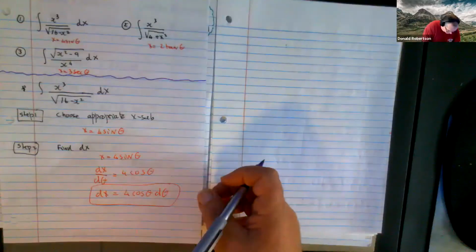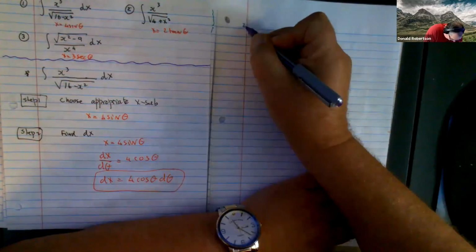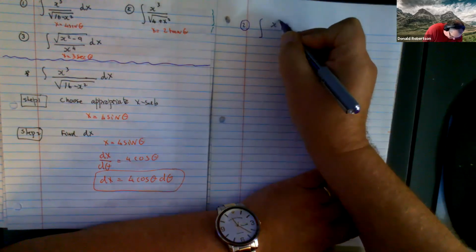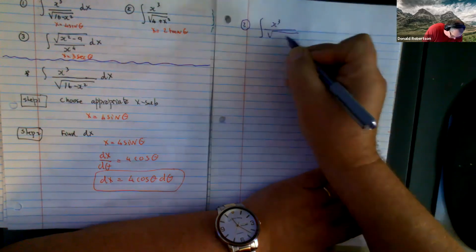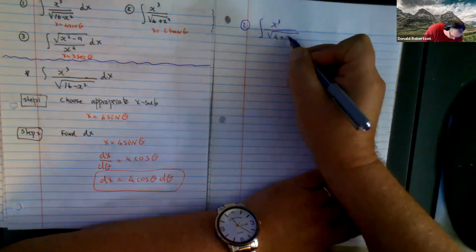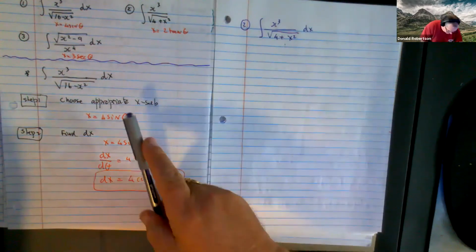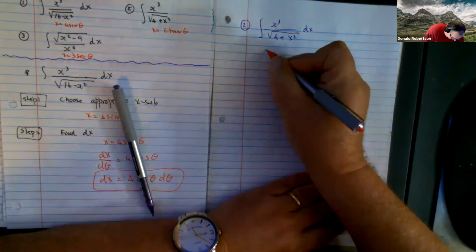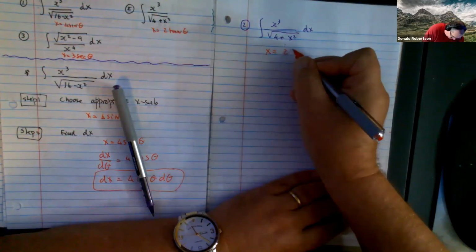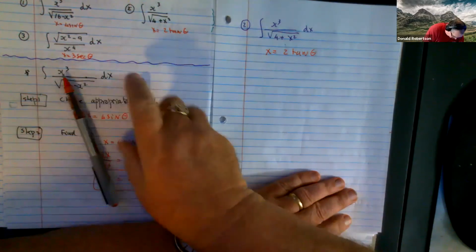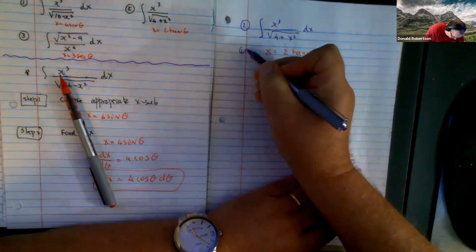So let's move on to number 2. This time, we're going to do that guy. And the x sub is going to be him. So there's stage 1 done.